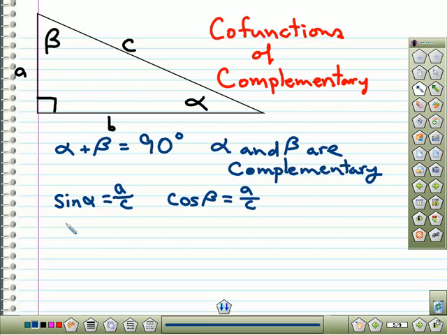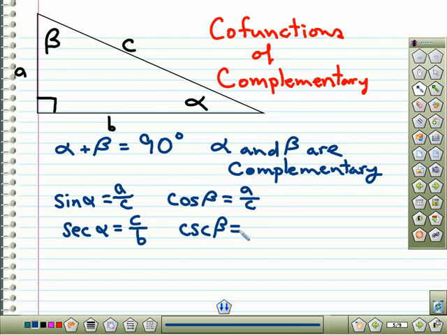Now, look at this. Let's suppose we have secant. What is the secant of alpha? Secant is going to be hypotenuse over adjacent, so C over B. Now, what about the cosecant of beta?